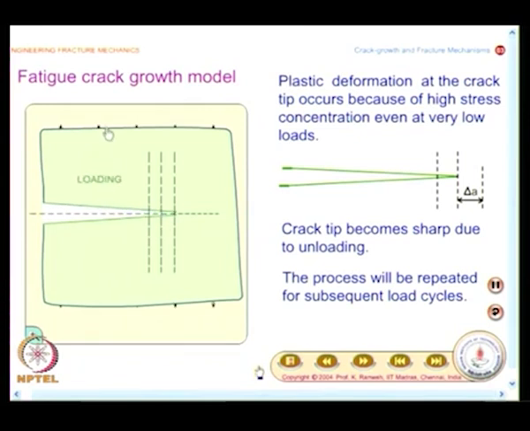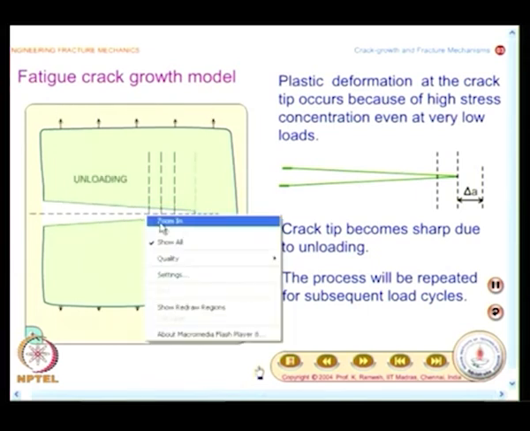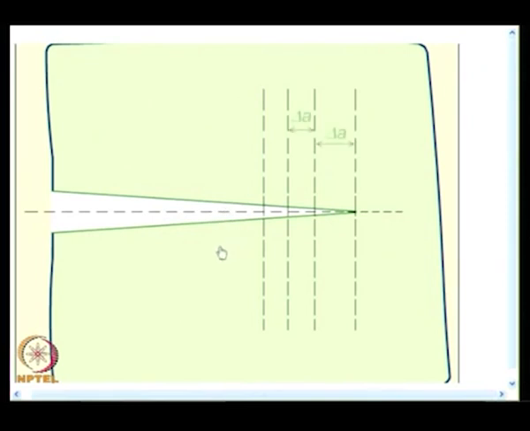So, you could see the loading and unloading on this scale of the animation. Suppose I magnify, you will see what happens at the crack tip. You have to recognize that this is a highly magnified picture, in the level of microns.